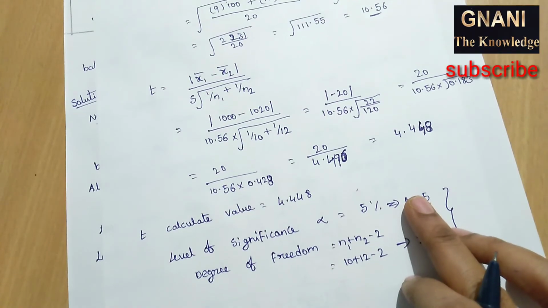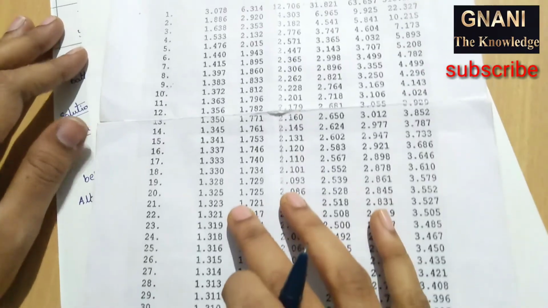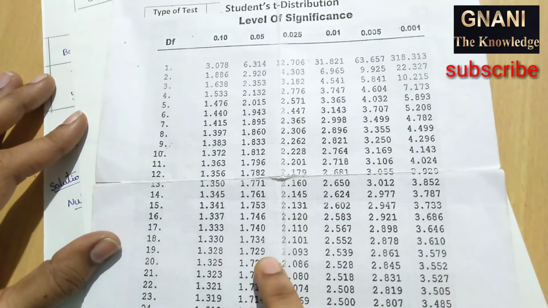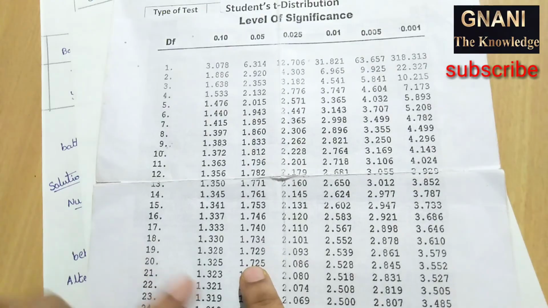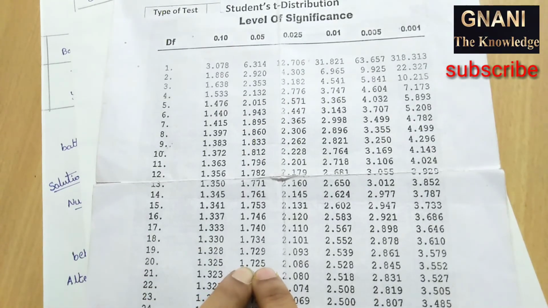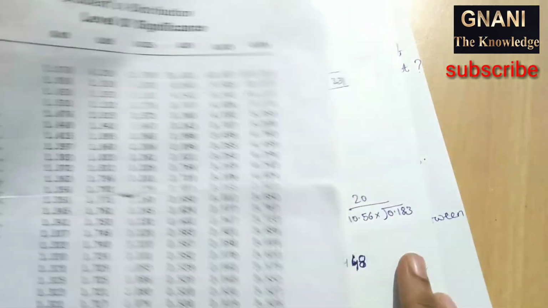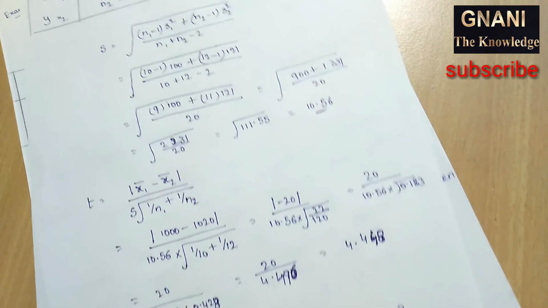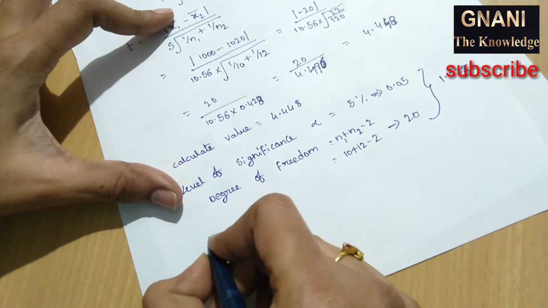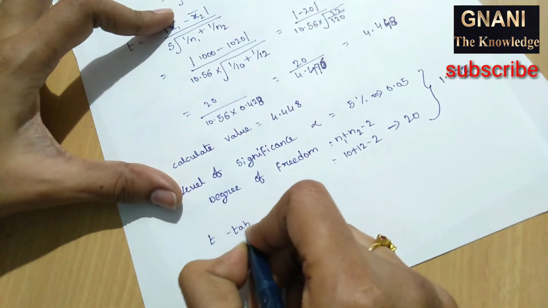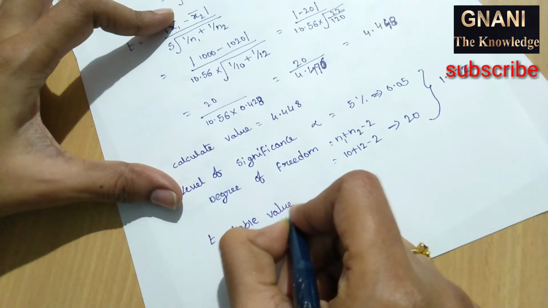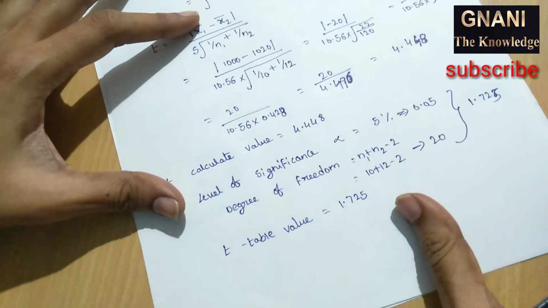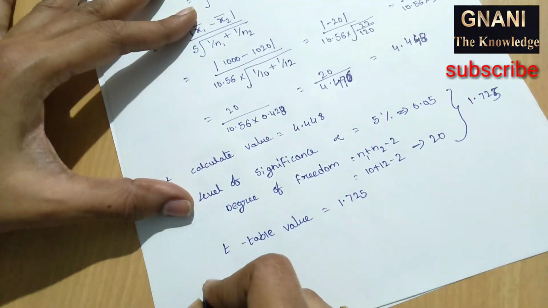The table value equals 1.725. After that we have to compare the t calculated value and the table value.